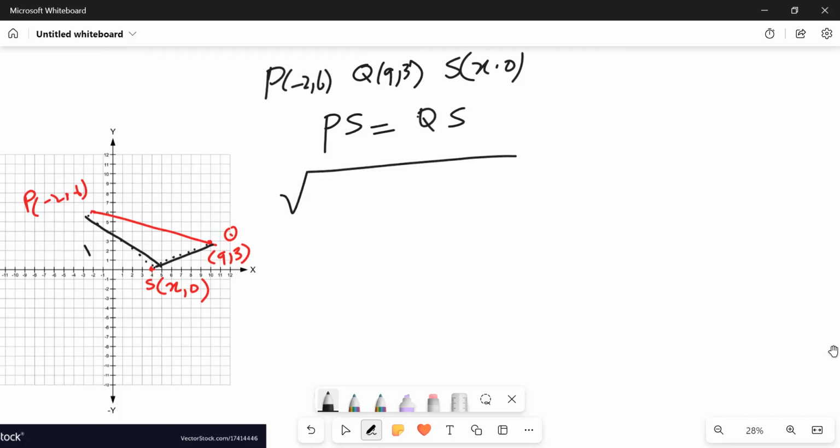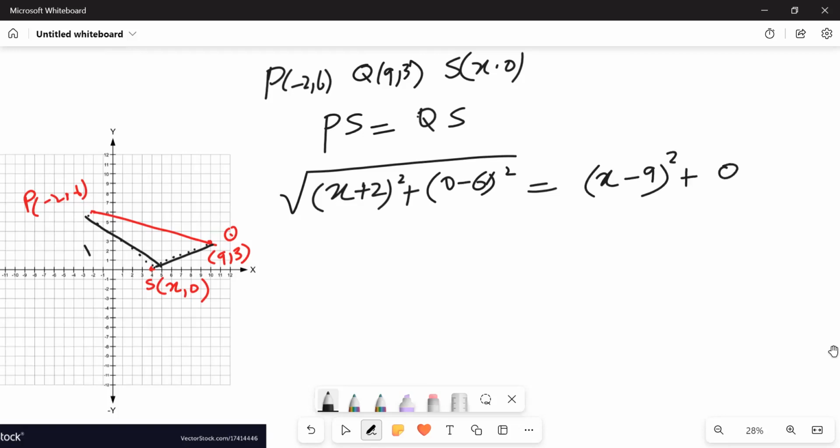For PS, it will be x plus 2, I am putting the values directly, then y is 0 minus 6, square. Similarly, QS: x minus 9, plus 0 minus 3.